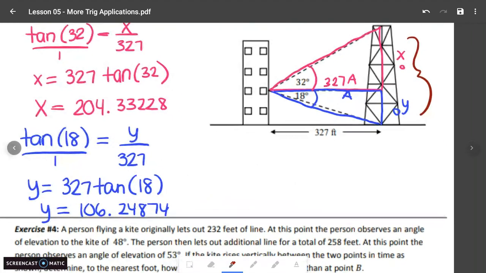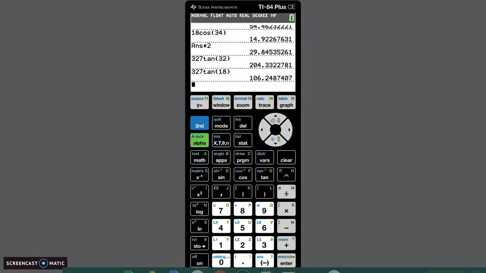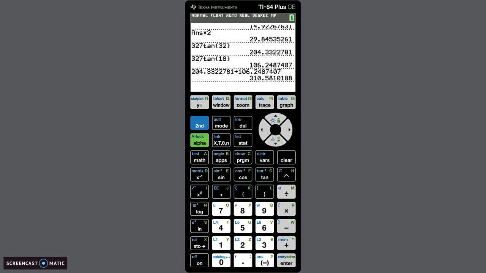And then that last piece is to add those two pieces together. So we got x, we got y. We're going to get x plus y. And I'm going to let the calculator handle this for me. So remember, I can always hit the up arrow and highlight that 204 plus that up arrow and highlight here. And we get 310.58101.